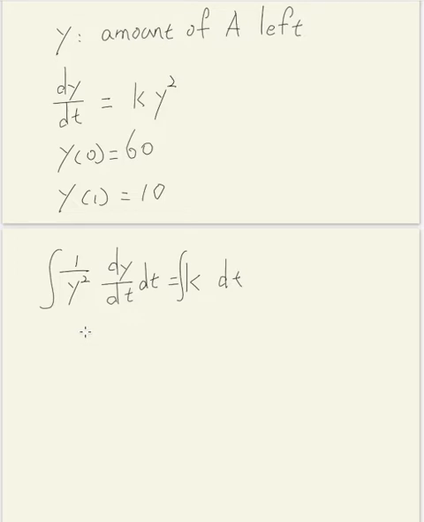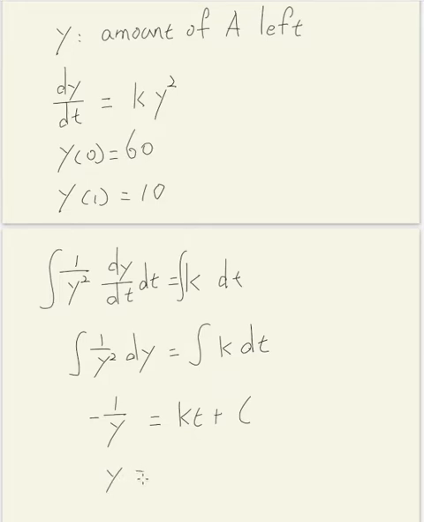And the left-hand side is the integral of 1 over y squared dy, equals the integral of k dt. And then we're left with 1 over y squared giving us minus 1 over y, right? Yep. And the integral of k is kt plus arbitrary constant c. Therefore, y is minus 1 over kt plus c.